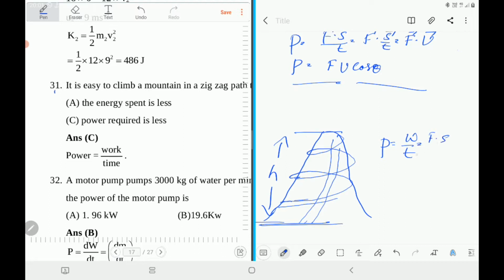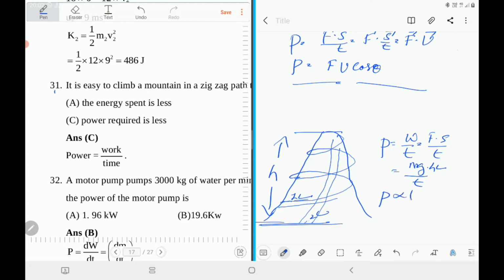Force into displacement divided by time. What's the force? For example, you are climbing up, you are doing work against your gravitational force, that is mg dot displacement h divided by t. Let us call this the helical path 1 and the straight path 2. Whether you choose path 1 or path 2, the numerator term is the same, but the thing that matters is the denominator.